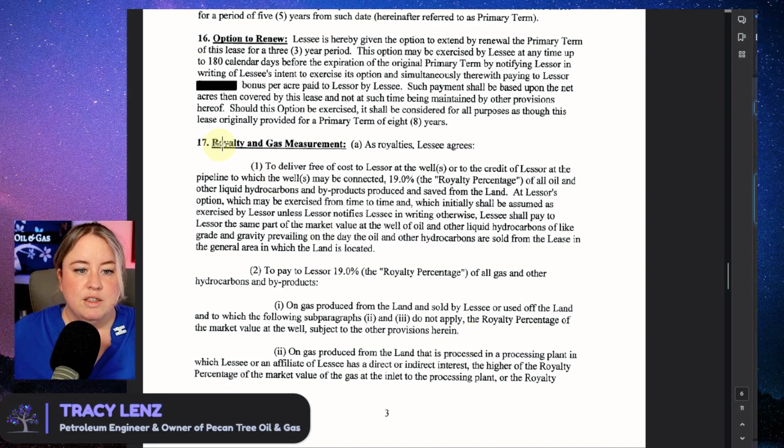So here, the royalty and gas measurement, as royalties, lessee agrees to deliver free of cost to lessor at the wells or to credit of lessor at the pipeline to which the wells may be connected, 19%, which is the royalty percentage, aka the lease royalty rate. This 19% overrides the 12.5%, and instead of getting 12.5 cents per dollar, you're getting 19 cents per dollar. That greatly improves the value of this lease by this being there.